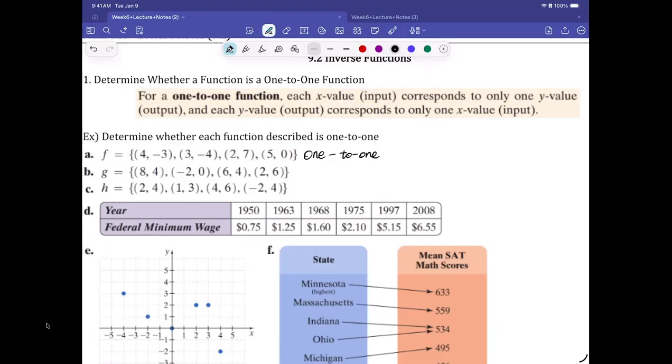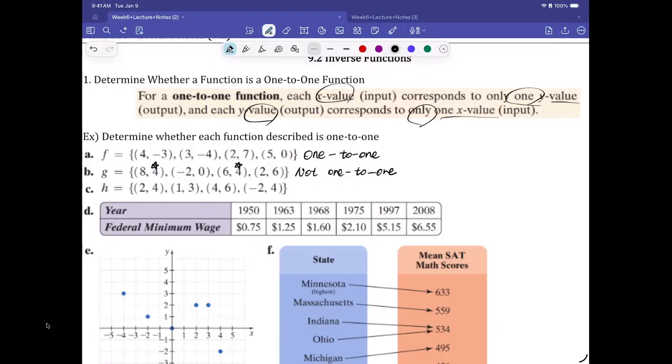And then 6 goes with 4. If you see that, it's not 1-to-1. X can have only one y, and y can have only one x value. But see this? This is not right.